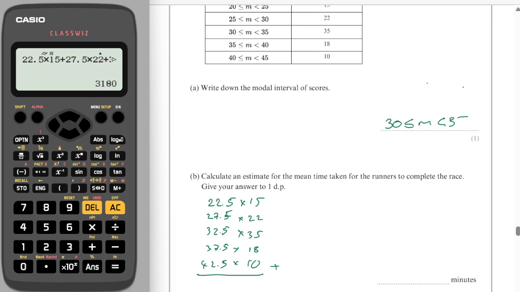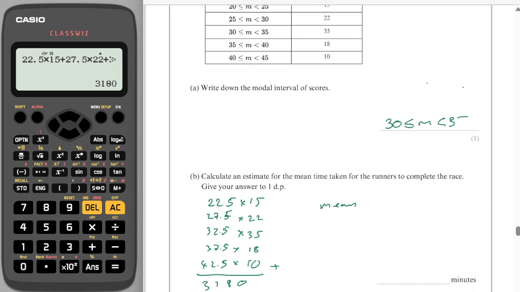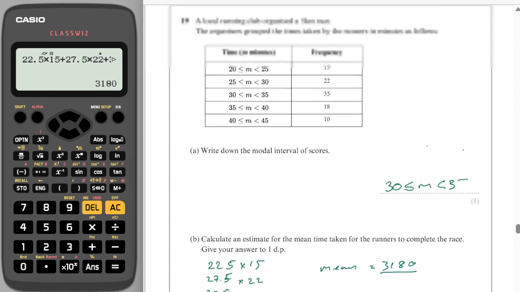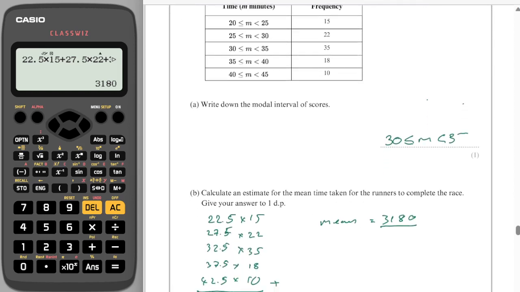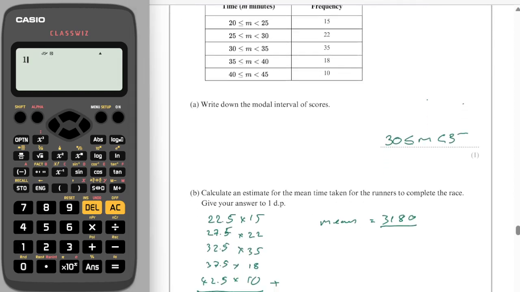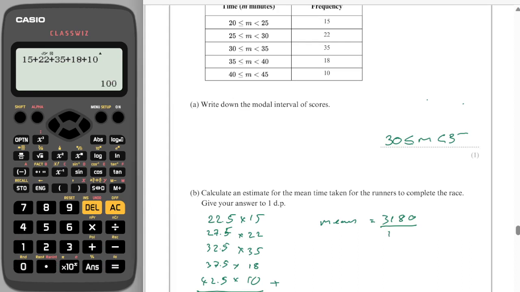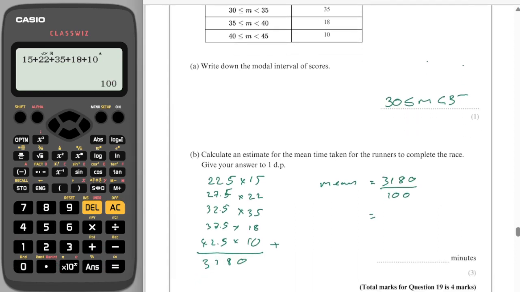That gives me 3,180. So my mean is going to be equal to 3,180 divided by the total frequency. The total frequency is 15 plus 22 plus 35 plus 18 plus 10. That's 100, I think. Yep, divided by 100. So my mean is going to be 31.8.